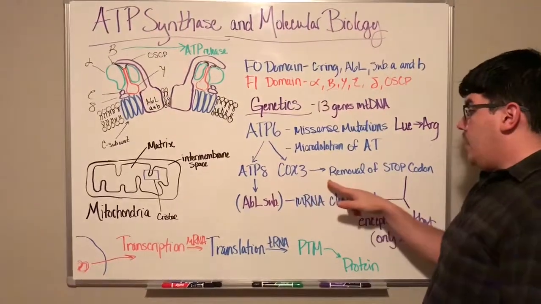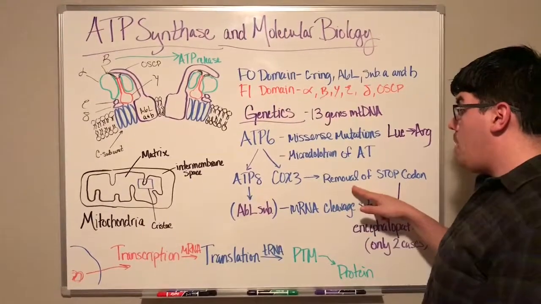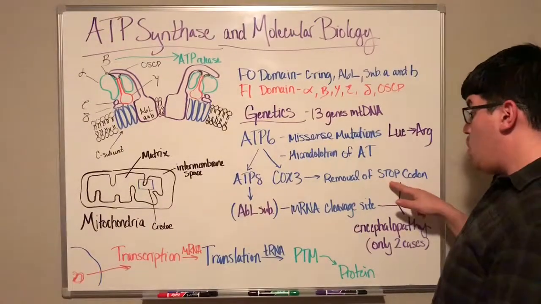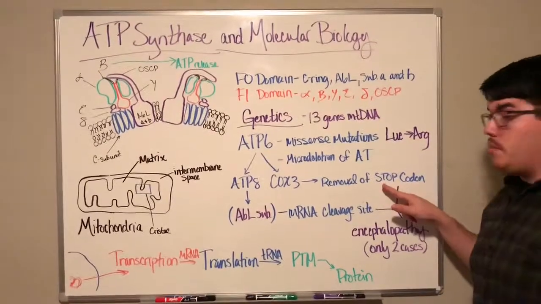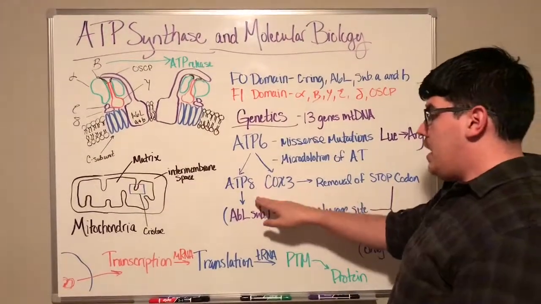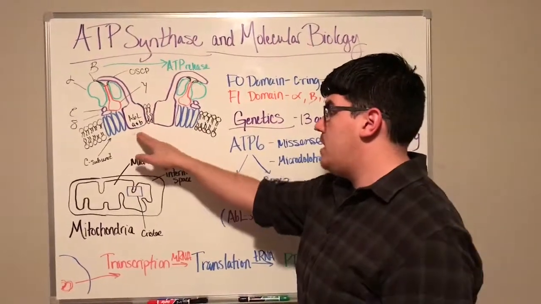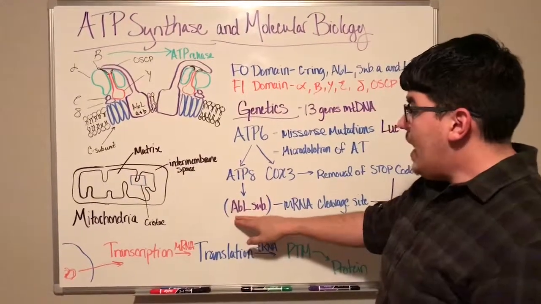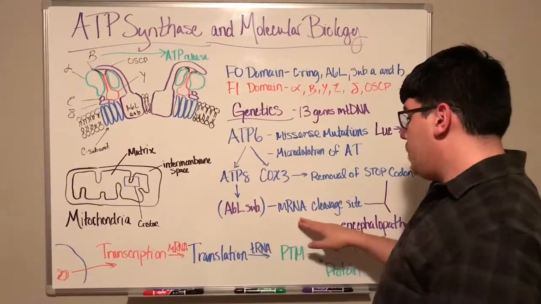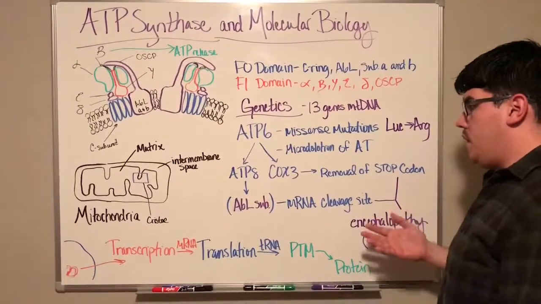For COX-3, a section of its mRNA is removed, and actually the stop codon is removed. The ATP8 codes for this subunit right here, the A6L subunit, which is the base of this peripheral stalk of the ATP synthase enzyme, and the mRNA cleavage site is removed.